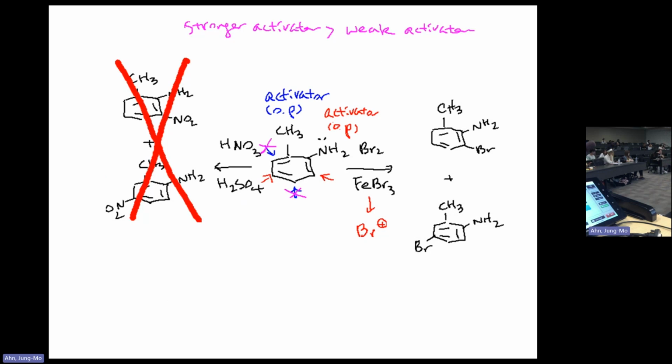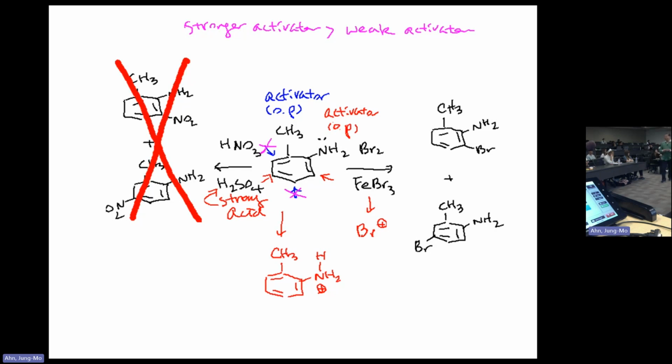It is a nitric acid and sulfuric acid mixture, which is a very strong acidic reagent, and an amine is a base. So when an acid meets a base, they basically neutralize. When the proton is given to the amine, it becomes an ammonium group, right?